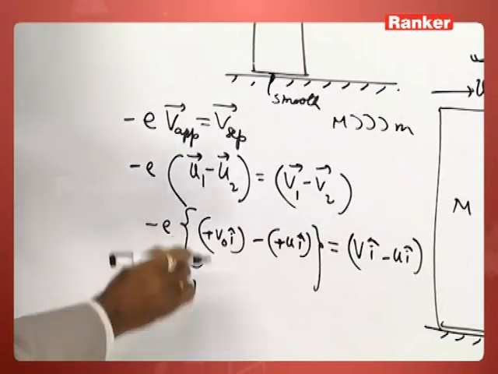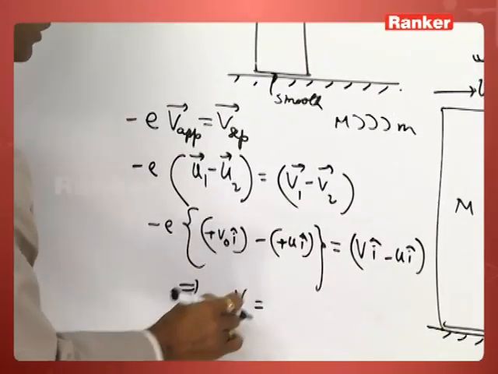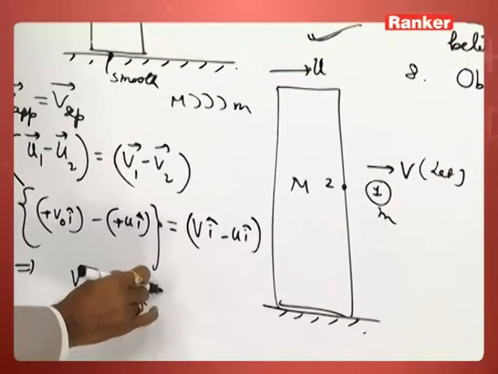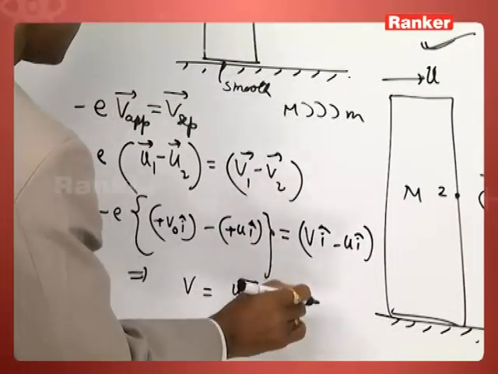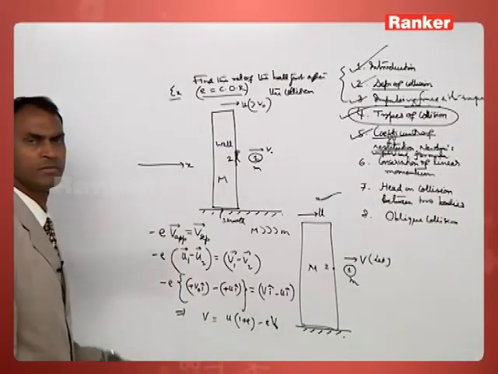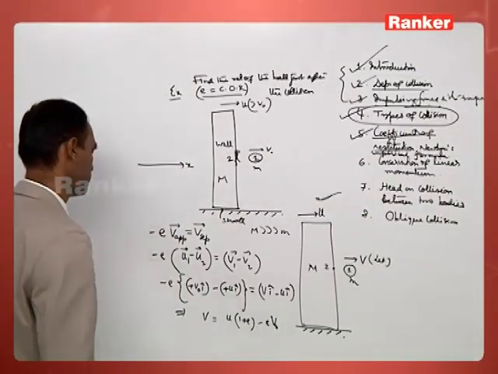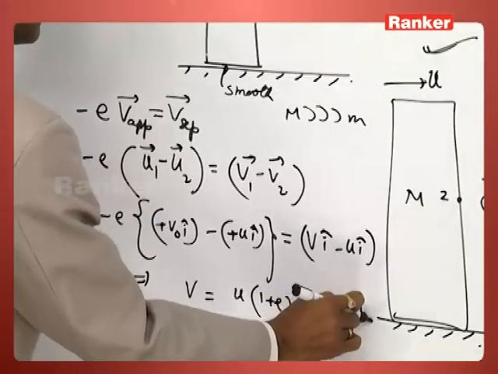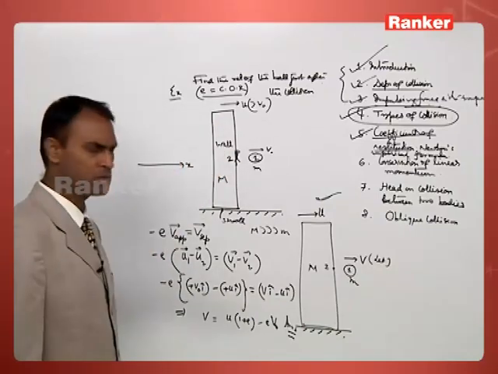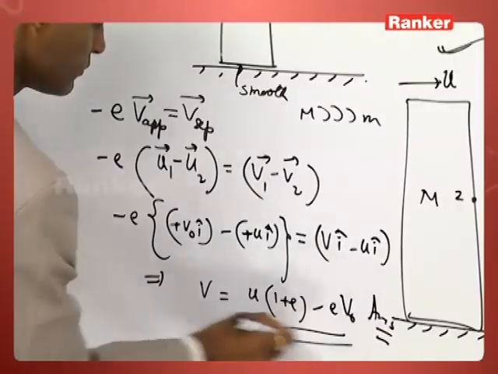Next step, you are getting the answer. v is equal to u into 1 plus e, minus e into v naught. Answer. And they will give you specific values, just you can evaluate.